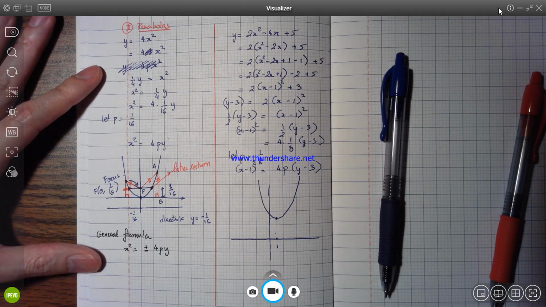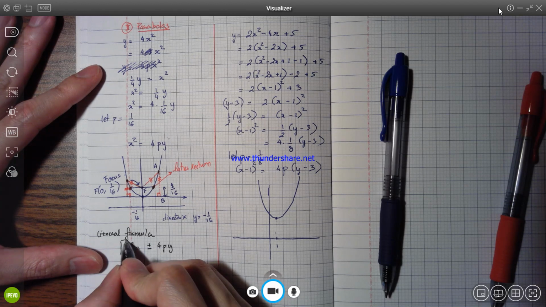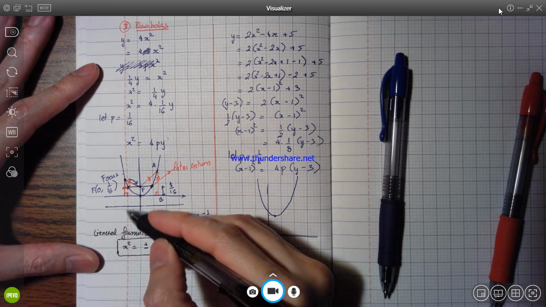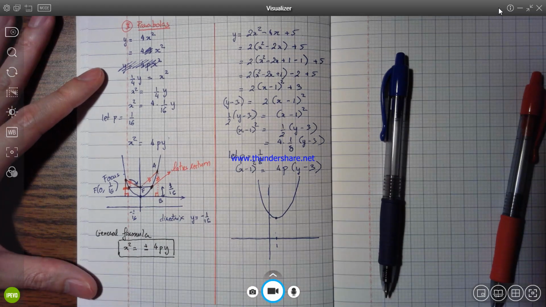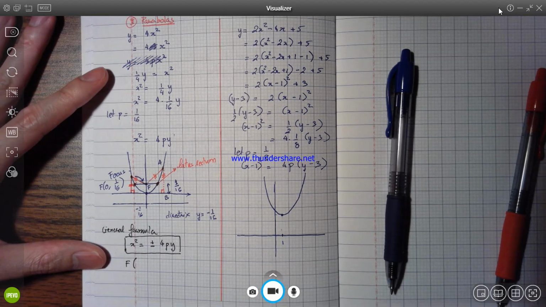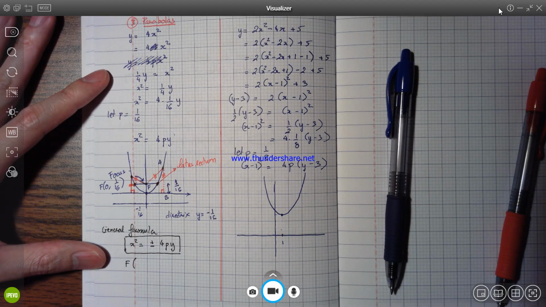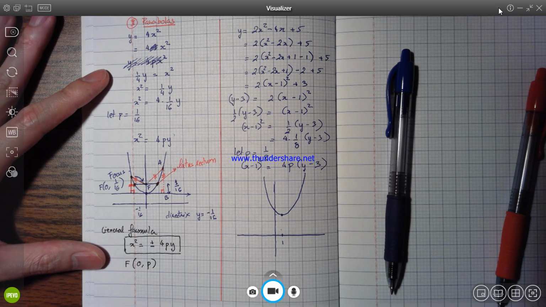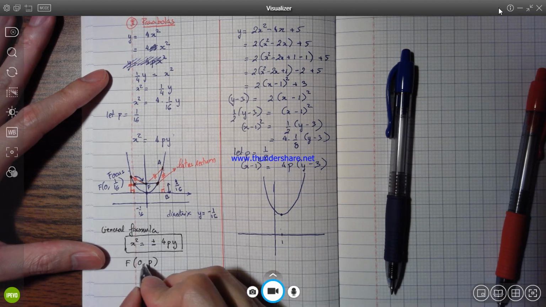Why do I say minus? Because if it is minus, it's going to be upside down. And the focus will be (0, p) or (0, negative p), so plus or minus.